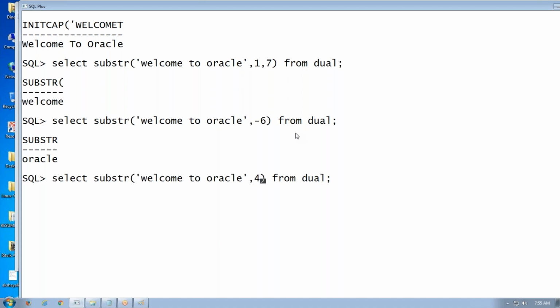Next one. I am expecting, from the beginning of the string, go to the 4th character, and I need the next 4 characters. From the beginning of the string, go to the 4th character, which is C. From the 4th character, get the next 4 characters.